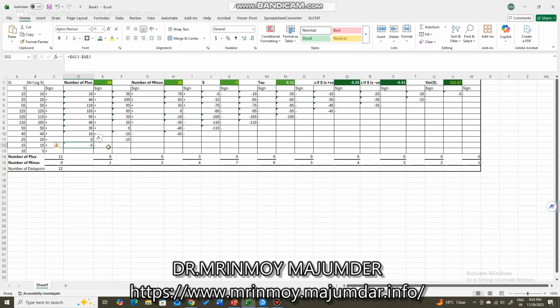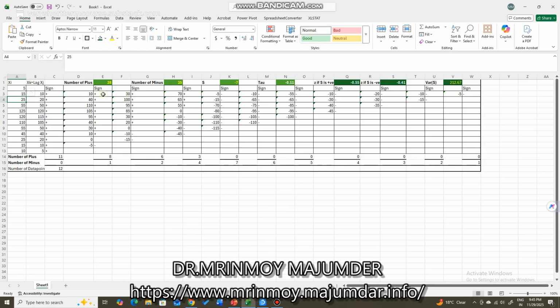This is the way I have done. So in this column I have deducted my third data from all the other data except the first two data, 5 and 15, which are my first two data.